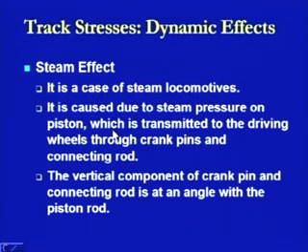Now, another effect in the steam locomotives is the steam effect, which is a condition caused due to the difference in the steam pressure on the piston, which is transmitted to the driving wheels, causing crank pins and connecting rods.